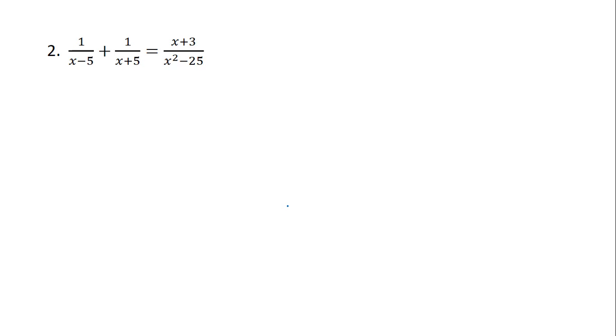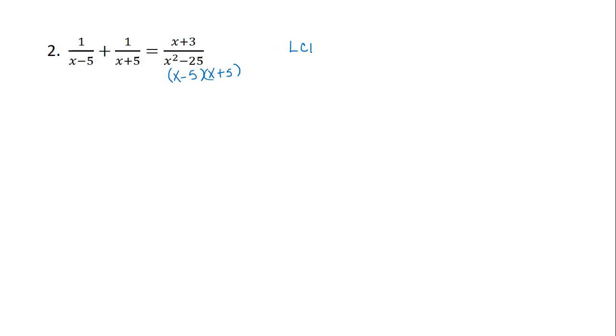A second example is 1 divided by the quantity x minus 5, plus 1 divided by the quantity x plus 5, equals x plus 3, all divided by x squared minus 25. The denominator x squared minus 25 is the difference of two squares and factors as x minus 5 times x plus 5.